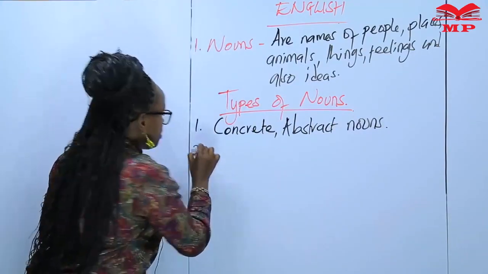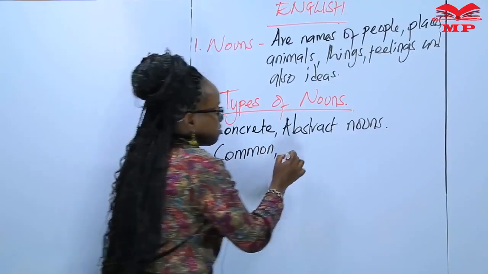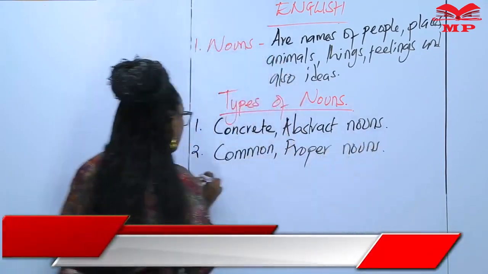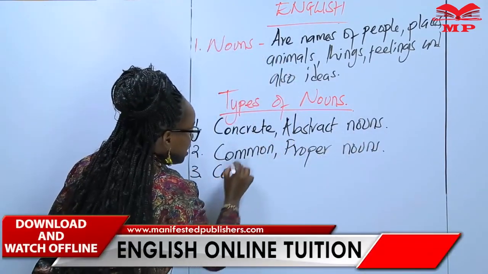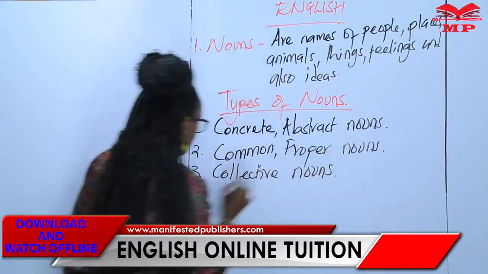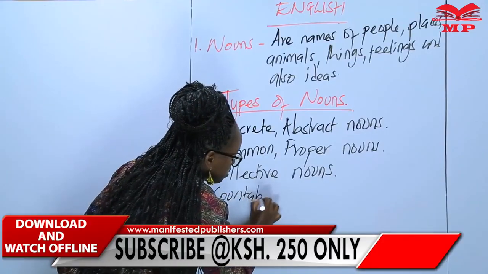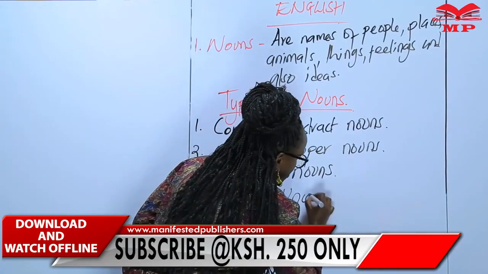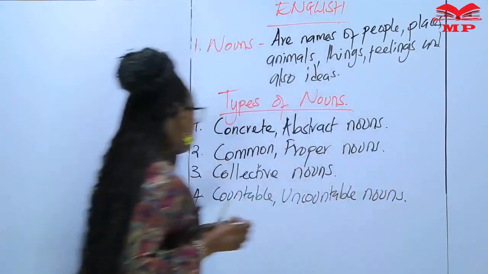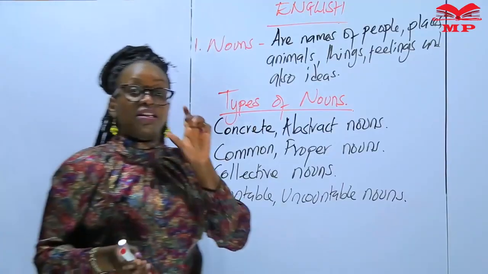And then the second one, we have the common and the proper nouns. And then we also have the collective nouns. And then we have the countable and uncountable nouns. So in general, we have 7 types of nouns in the English language.